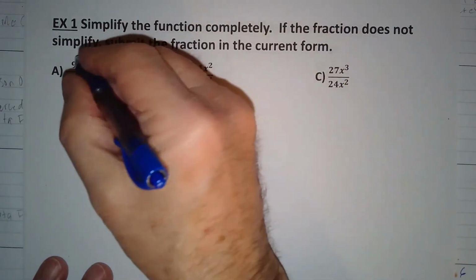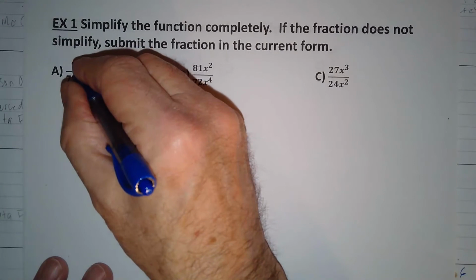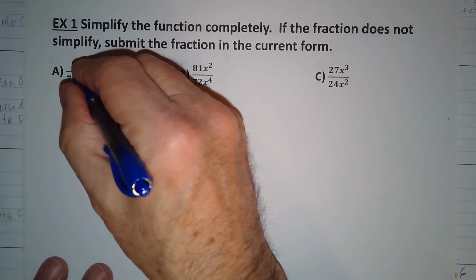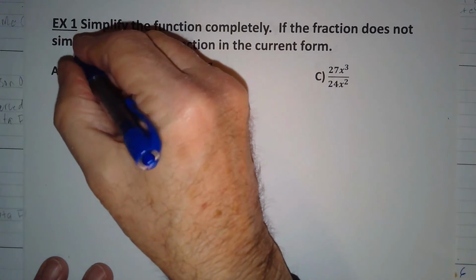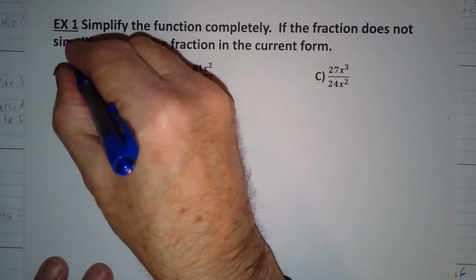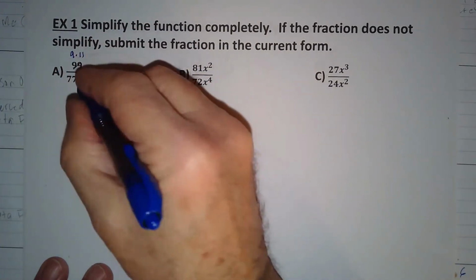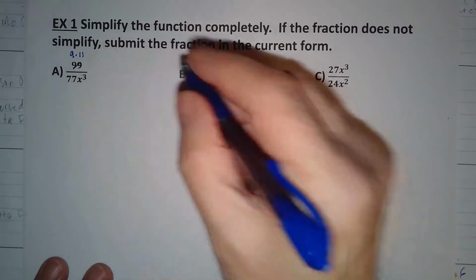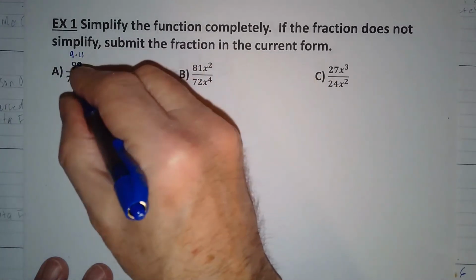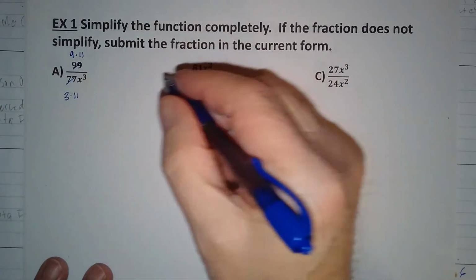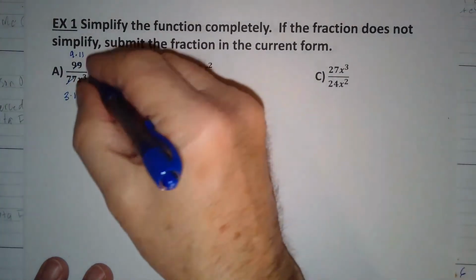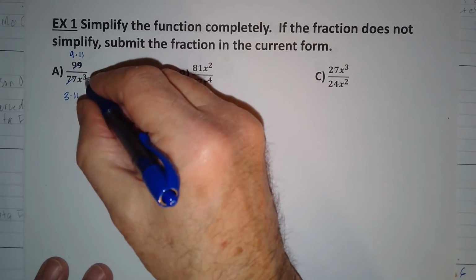Well, 99, let's see. We can factor that into 9 times 11, right? And we can factor 77 into 3 times 11. And then we have the x cubed here all by itself in the denominator.